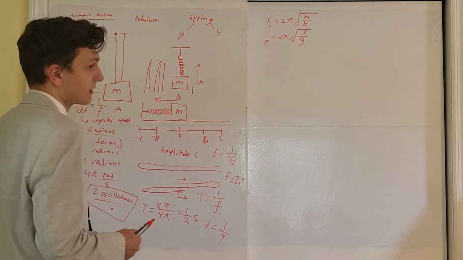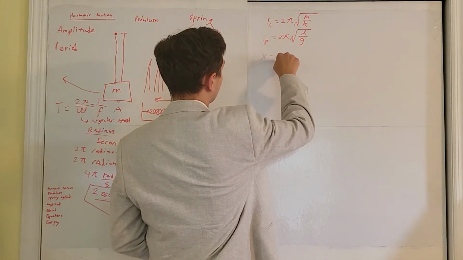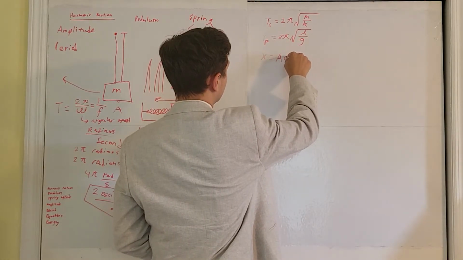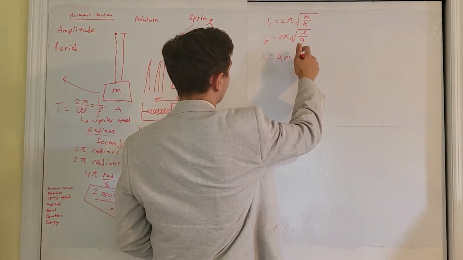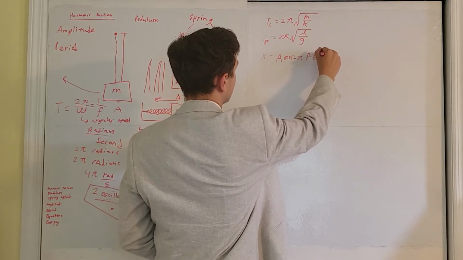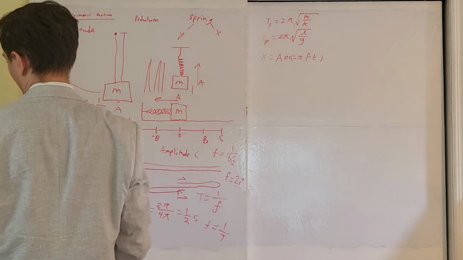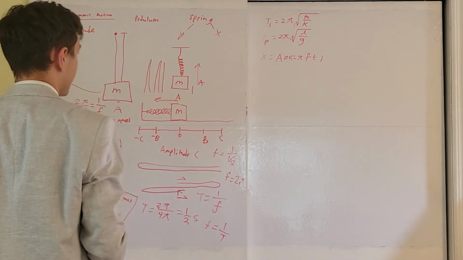Now, our final equation here is going to be x equals big A times cosine of 2 pi f t. Okay, so that's quite a bit to unpack. What exactly is that telling us?